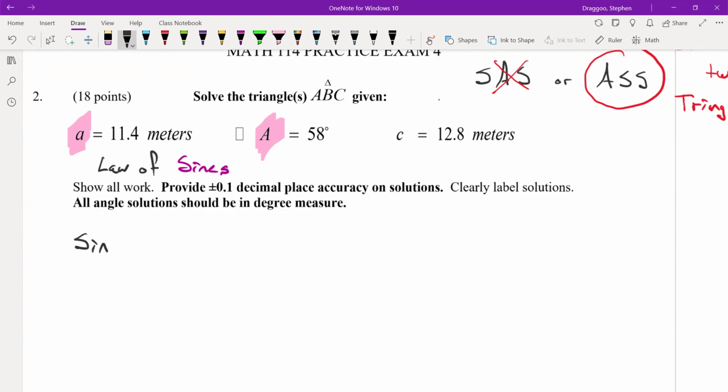So I'll set this up: sine of C over 12.8 is equal to the sine of 58 degrees divided by 11.4.